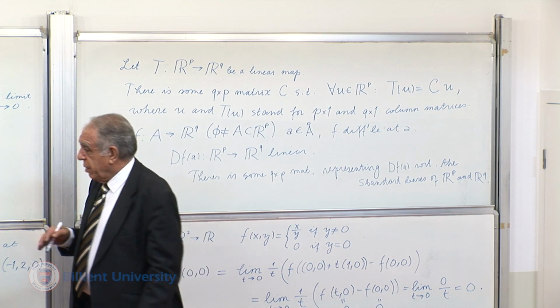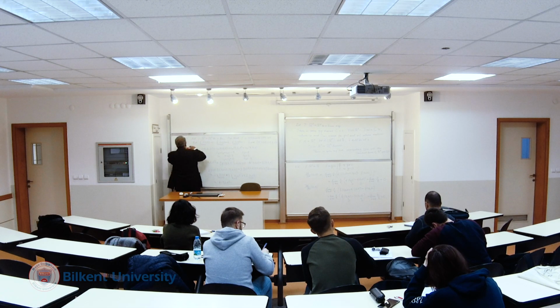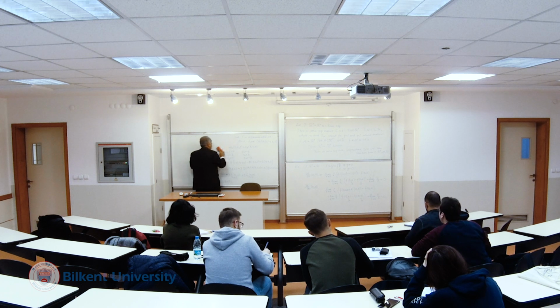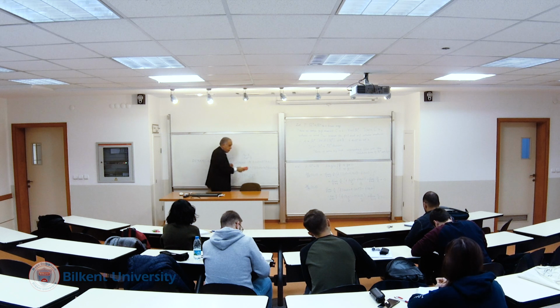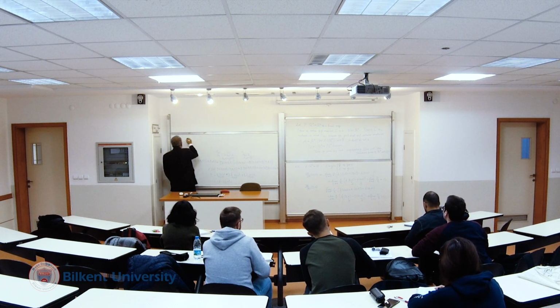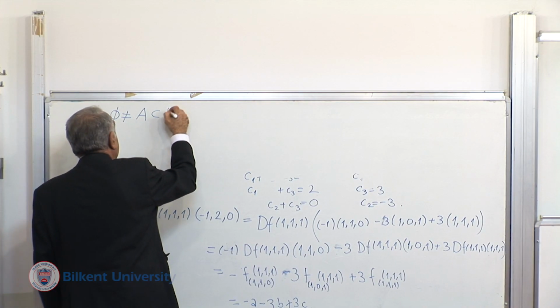Now let's go back to our last corollary. It was in short as follows. We took some non-empty subset A of Rp.